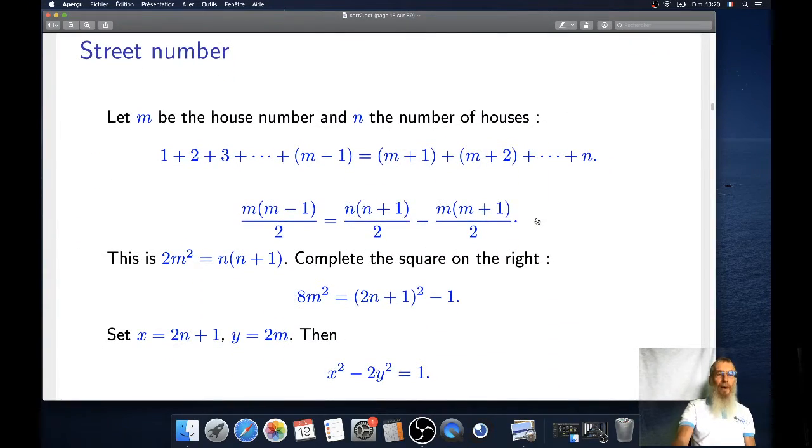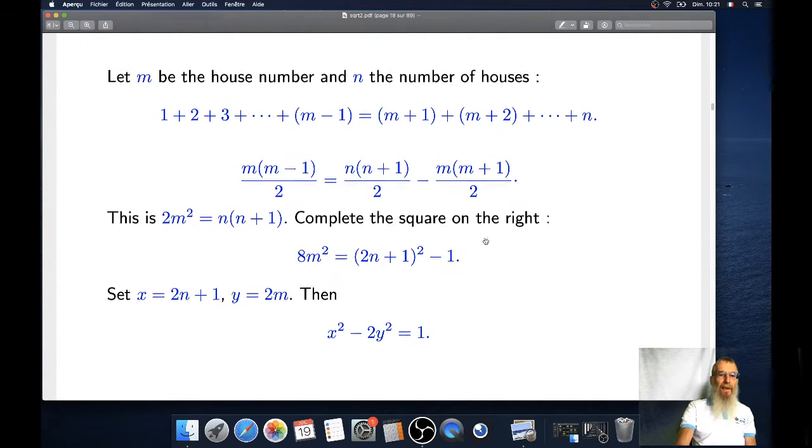Okay, let us try to solve this puzzle. Let us call m the house number and n the number of houses. So on one side you have the sum from 1 to m minus 1, and on the other side you have the sum from m plus 1 to n. So on the left hand side you have m times m minus 1 divided by 2. On the right hand side you have n times n plus 1 over 2 minus m times m plus 1 divided by 2.